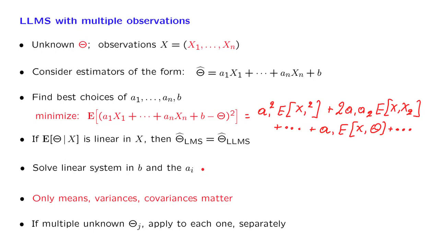If it turns out that the conditional expectation of theta given all the data that we have is linear in x, if it is of this form, then what happens? We know that this is the best possible estimator. If it is also linear, then it is the best estimator within the class of linear estimators as well. And therefore, the linear least mean squares estimator is the same as the general least mean squares estimator.